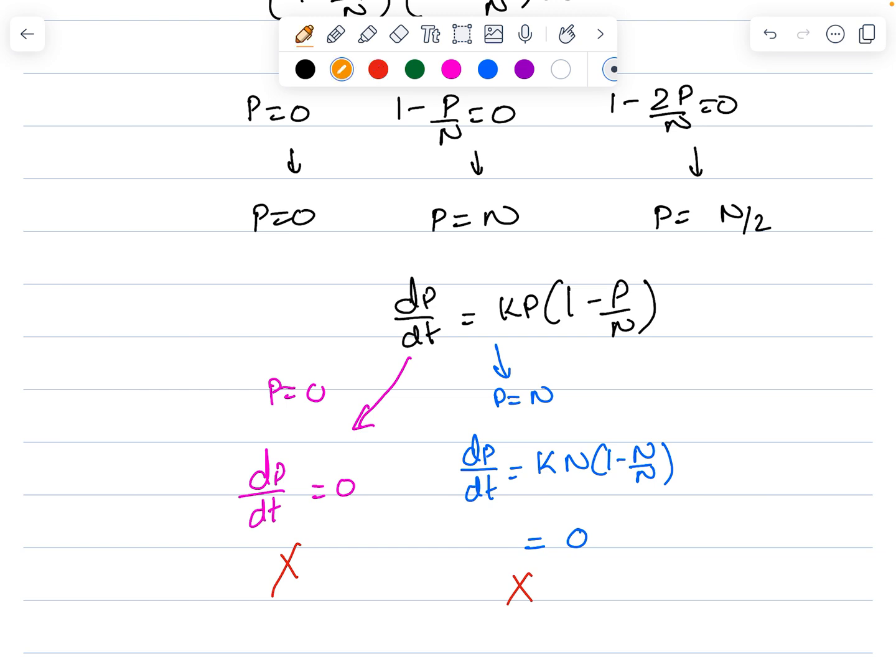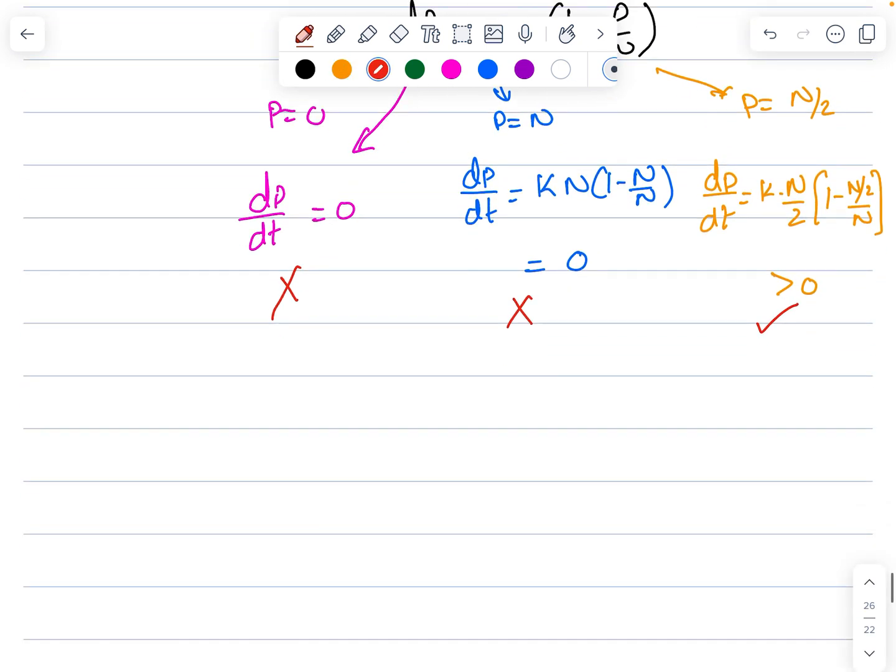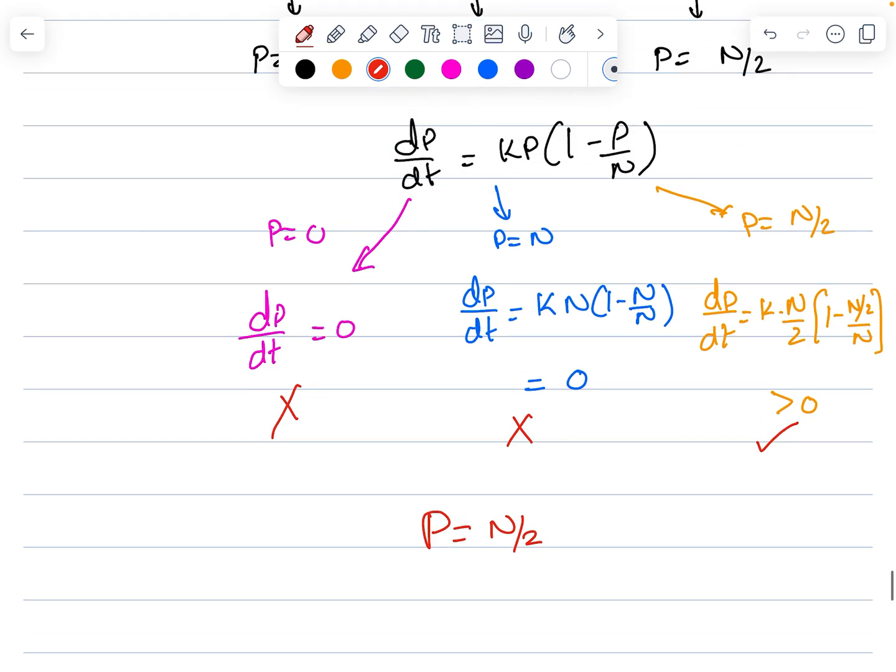Then finally, if p equals n upon 2, then only I'll get dp upon dt equals k times n upon 2 times 1 minus n upon 2 upon n. I have some value which is greater than 0. Therefore, it is only possible when p equals n upon 2. So this is the justification. Easy justification rather than drawing the graph.